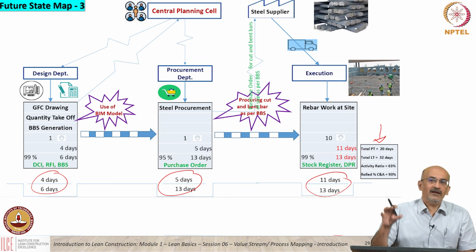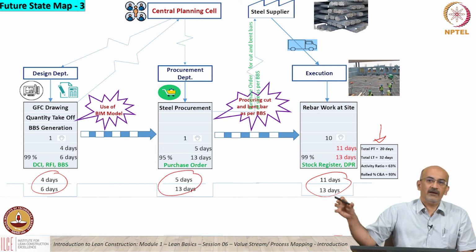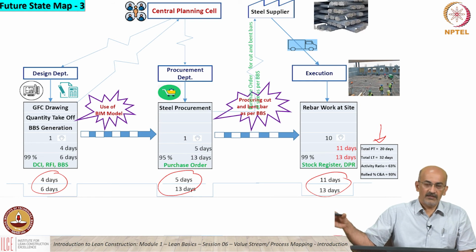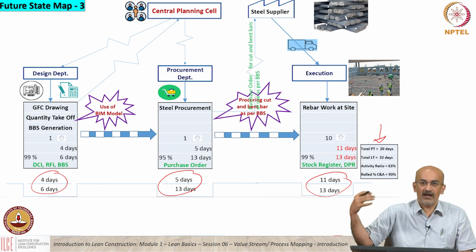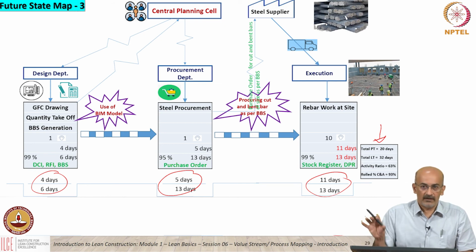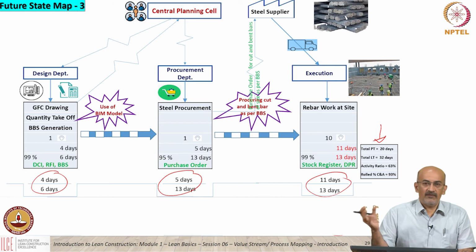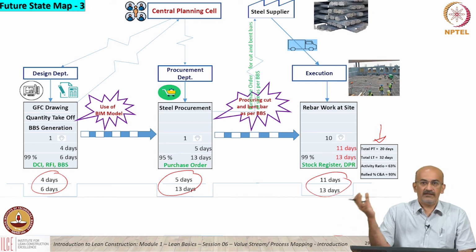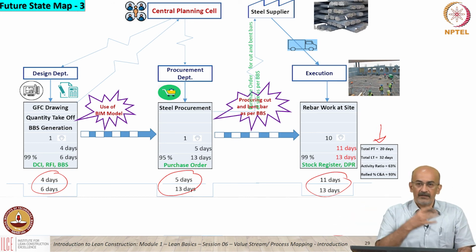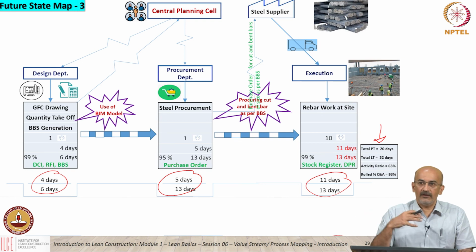But you will find that as more and more rebar centers come up in cities or in your area, you get much more value by just placing the order and getting what you want, rather than cutting and bending on site with all the wastages. But it's a case-to-case basis. Same thing with a batching plant on site versus ready mix. You'll have to look at the trade-offs and decide.